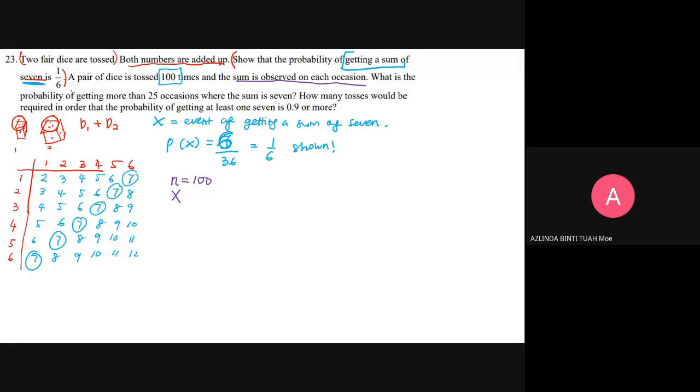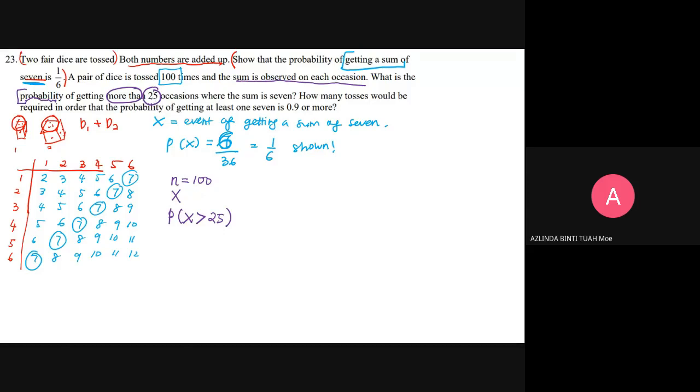What is the probability? Nampak perkataan probability, terus tangan tulis P(X. Seterusnya cari simbol ataupun keyword yang menunjukkan inequality sign, sama ada greater than, less than atau equal. Okay, probability getting more than 25. Full stop. Okay.